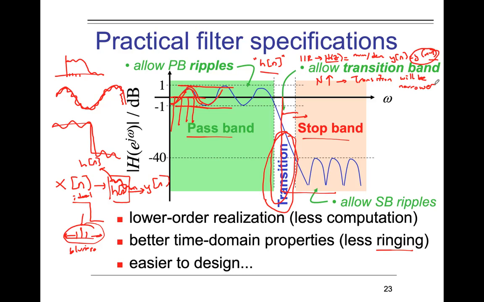Okay. For example, in your designs, you may have such a filter characteristic. Then the transition band is really high. So in order to have a sharper filter like that, you have to use more op-amps, more resistors, more capacitors.